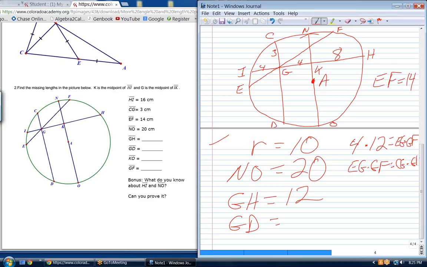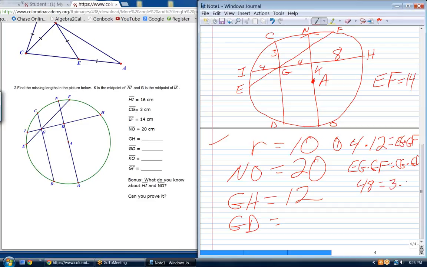Well, that allows me to solve for one of these, because with equation number 1, I got EG times GF is equal to 48. So I can write 48 right there for equation number 2. And they've given me CG is 3.